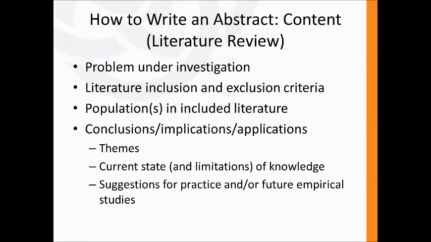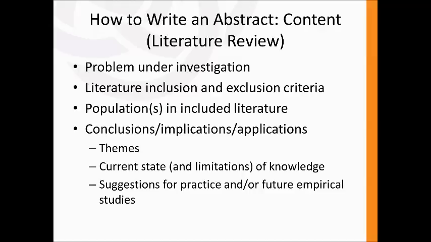So first, let's look at literature review. The things you'd want to include are the problem under investigation. Certainly, that's the theme of the study, right? The literature inclusion and exclusion criteria. What this means is, what did you do to find the literature that was included?